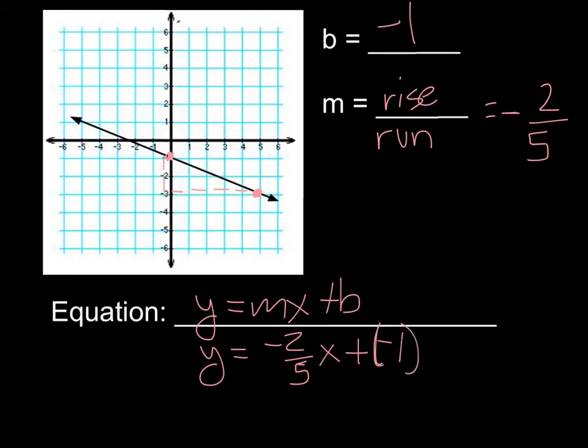We could also write that, instead of saying plus a -1, another way we could write this is y equals -2/5 x minus 1. Either one of those will work fine.